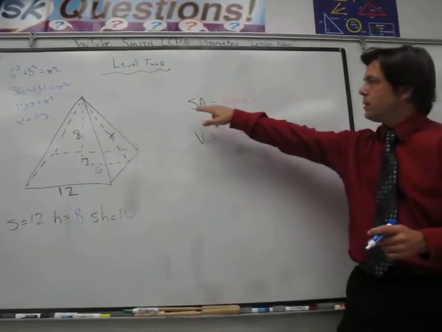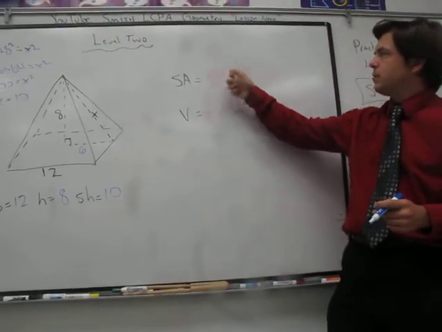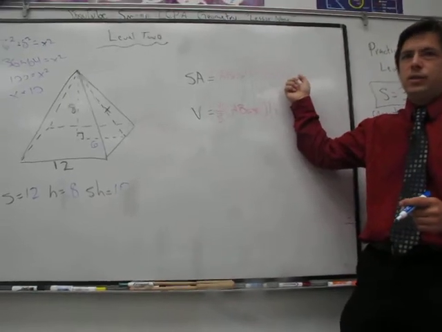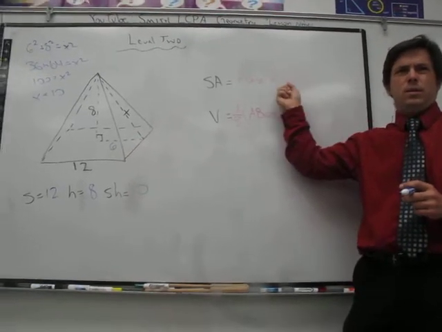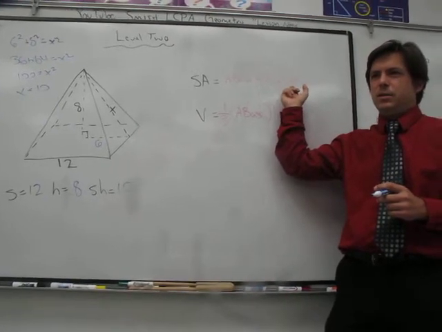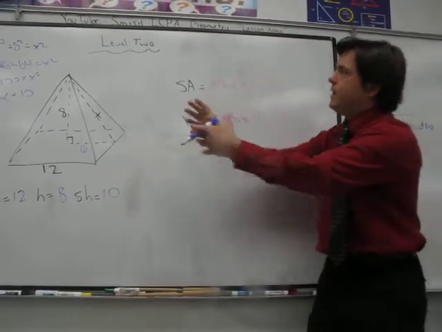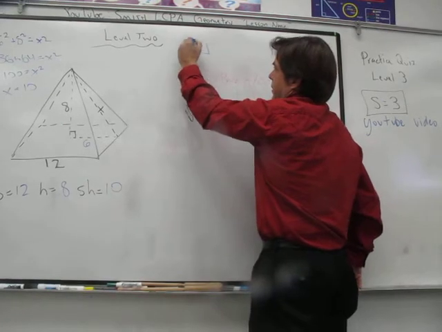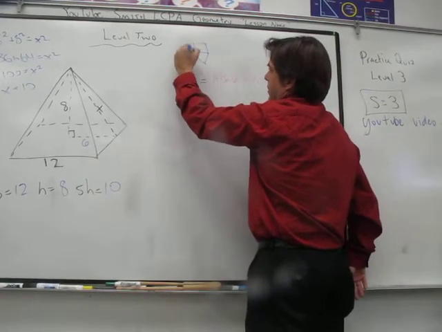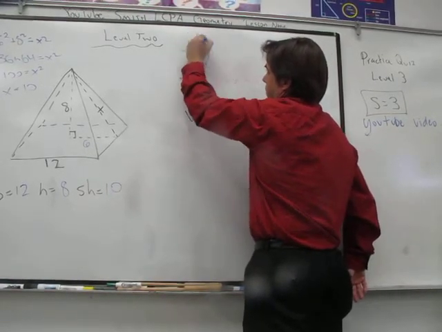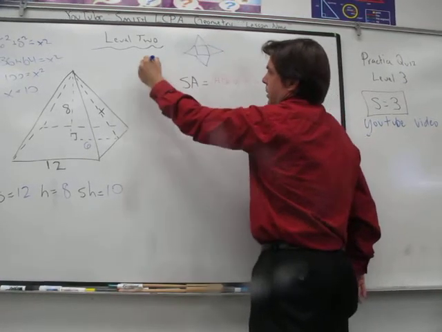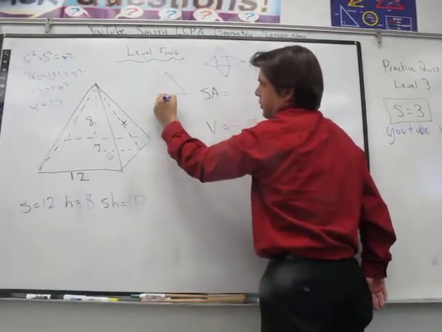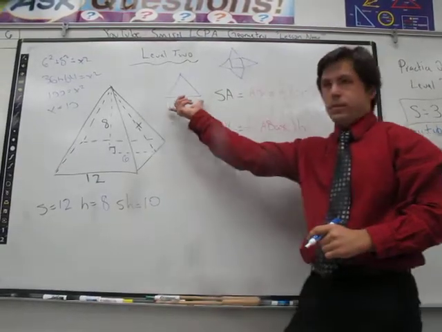Next, the surface area equals the area of the base plus 2s times sh. I'm going to take a little moment to figure this out because this seems weird. Does anybody understand what this is? Okay, let's imagine a net of this pyramid. What it would be is a square surrounded by how many triangles? 4. Now, the base of one of these triangles is going to equal S, this distance.